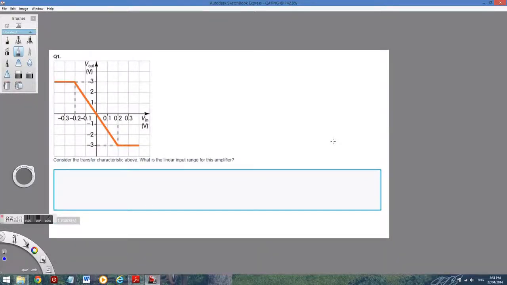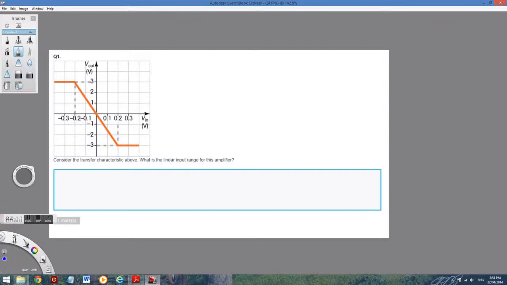Now let's have a look at this question. The gradient is negative, so it's going to be an inverting amplifier. And the question asks, what's the linear input range? We talk about the input range.